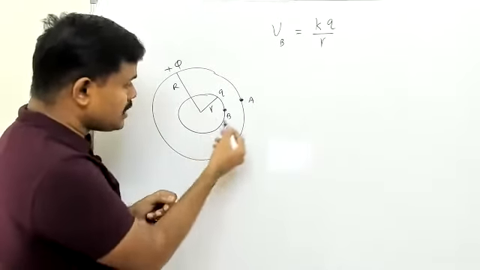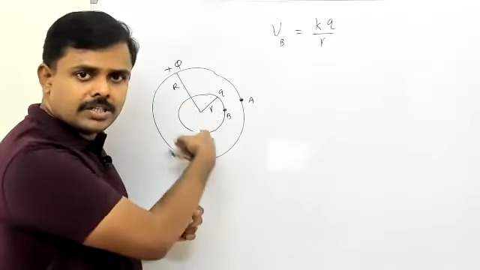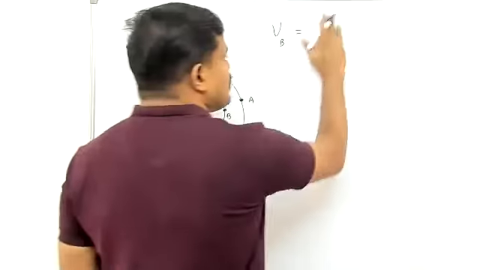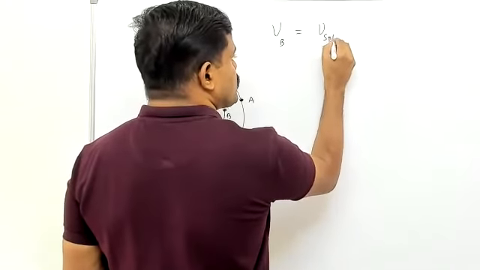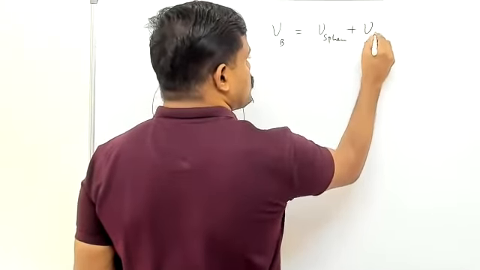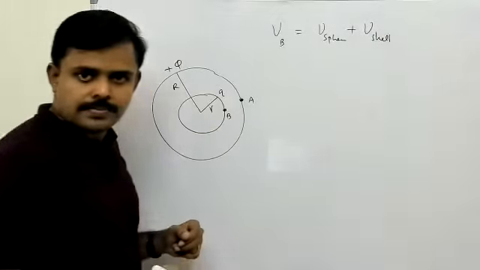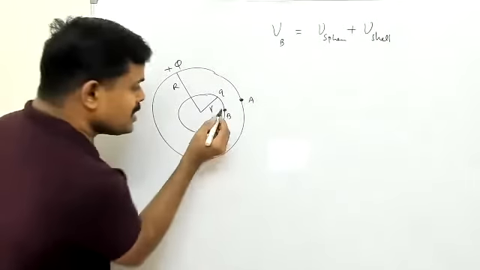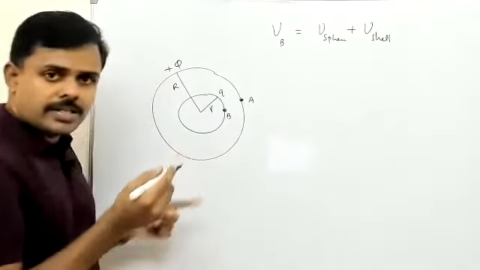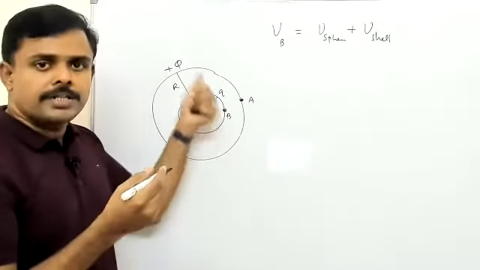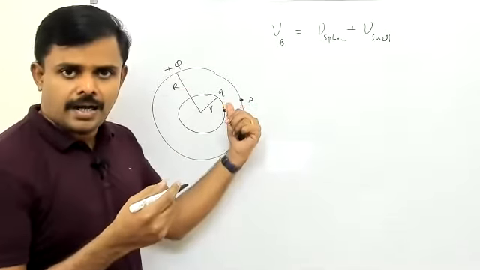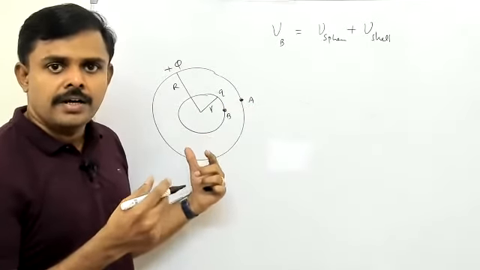One is by the sphere, second one by the shell. So I must write VB as V due to sphere plus V due to shell. There are two because this point has potential due to the inner sphere and potential due to the outer shell. The outer one is called shell, the inner one is called sphere.